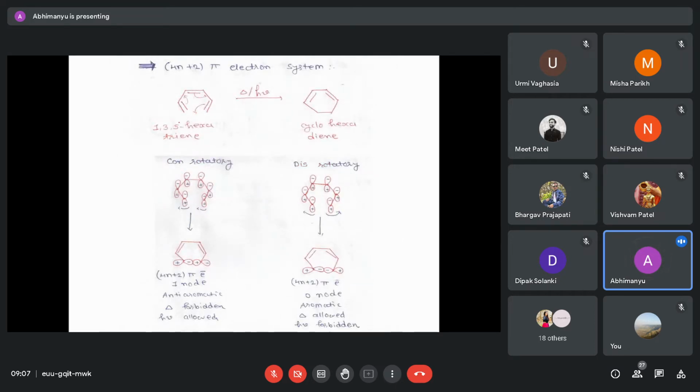For 4n plus 2 pi electrons in conrotatory, again, bond formation is not possible. So 4n plus 2, one node in the conrotatory system, is converted into anti-aromatic, and anti-aromatic means hv allowed.